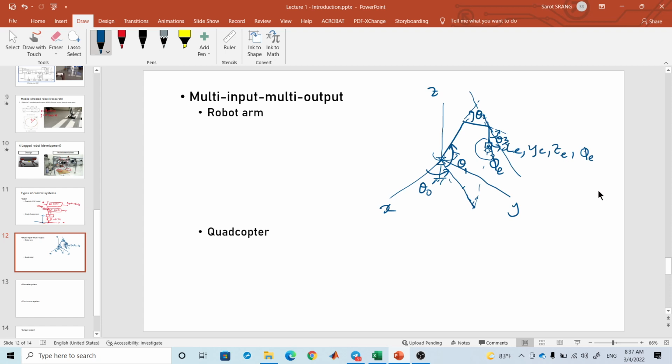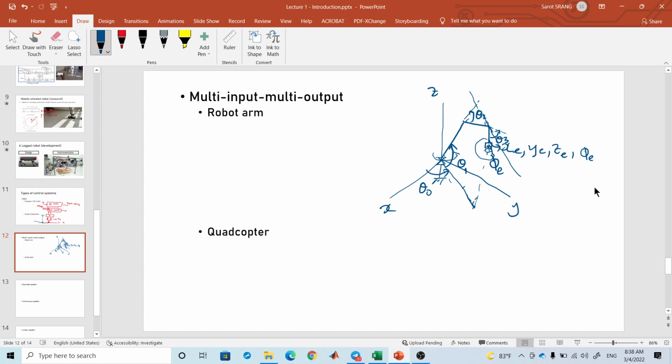Okay? Not single anymore. But if you only narrow down to see only one motor, you don't care about the structure, the mechanism, you don't care about the dynamics of the system, you only care that you try to control the motor in the way that you want to control velocity or position, and you don't care about the dynamics of the robot, then you can simplify it to study only one motor, then it's just SISO, single input, single output.